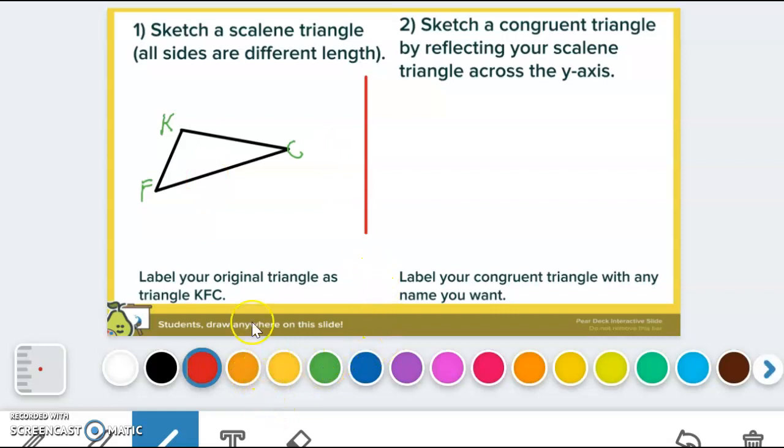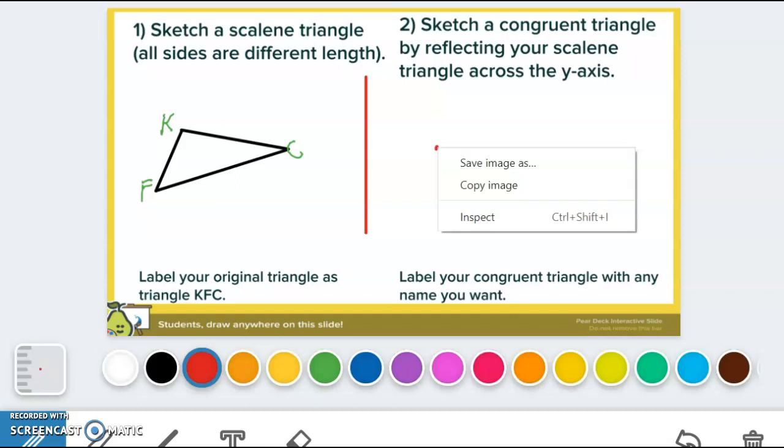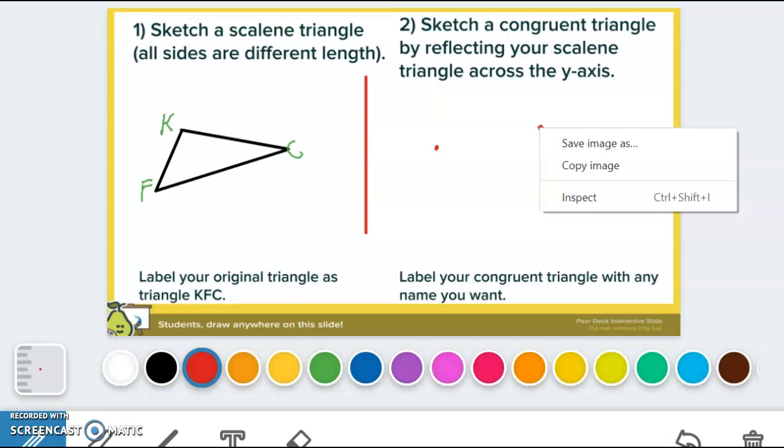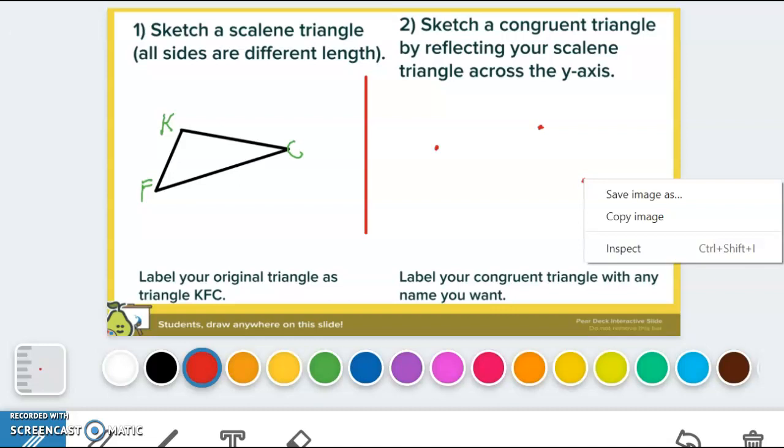Maybe I could have a point. It needs to be equidistant from the line of reflection. So C prime will be somewhere about here, and then K will be maybe about here. I could measure it to be more precise. And then F will be further down, maybe about here. Now I am going to join those points.